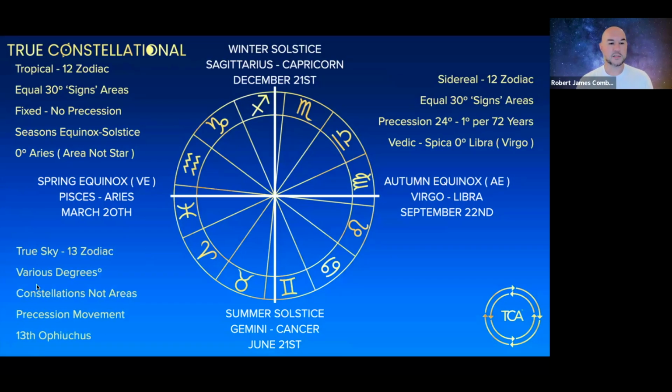So then a third system came along. This is called true sky. And this is when NASA kind of did everyone a favor, even though it took the astrology world by storm. NASA, which uses astronomy, said, by the way, there's another constellation that the sun passes through in the ecliptic, which is Ophiuchus. And so this huge wave happened of 13 zodiac signs.